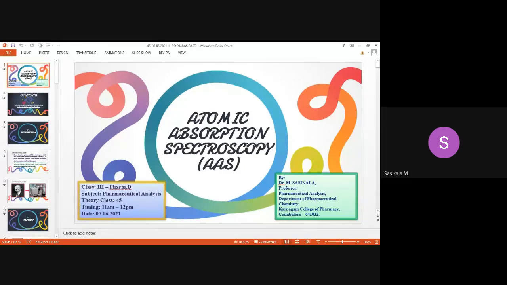So what is the difference in atomic absorption spectroscopy? What specific atoms are analyzed? That is what we are going to discuss. The atom gives a spectrum after absorbing electromagnetic radiation, so it is called atomic absorption spectroscopy. Okay. Absorption takes place at atomic level. It is called AAS.